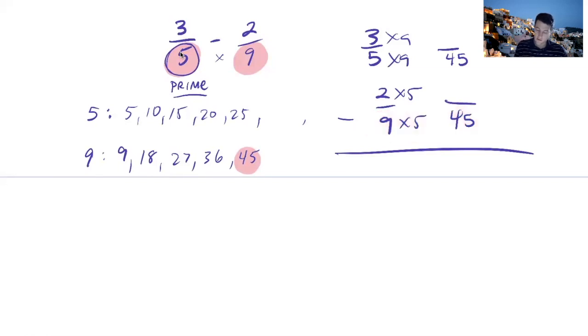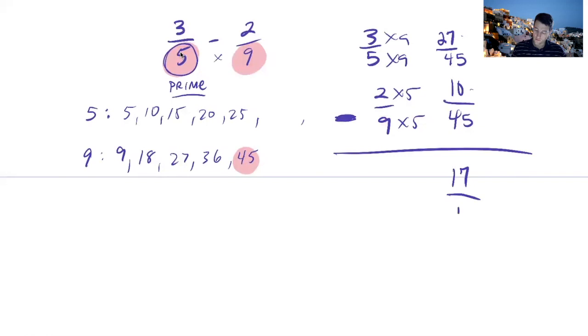How do I make 5 into 45? Well, I've got to multiply by 9. So 2 times 5 is 10. 3 times 9 is 27. And then a very simple, hopefully simple, subtraction. 27 minus 10 is 17 over 45. Because I found this was the LCD, I have no reducing to worry about.